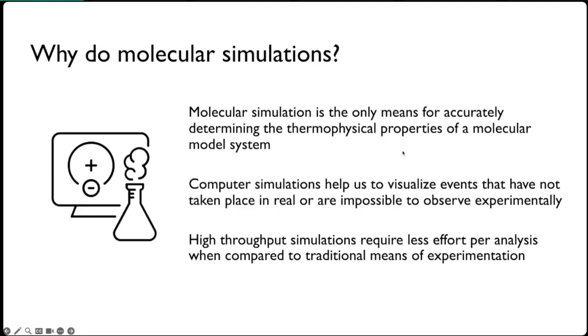And we can see things on the molecular scale. We can simulate what these are doing, and this is often really helpful. Sometimes people do high throughput simulations in the computer in order to screen out things that would be difficult to look at experimentally.